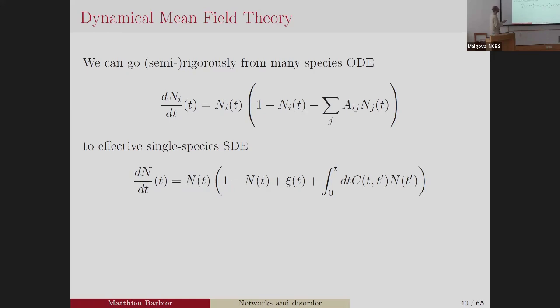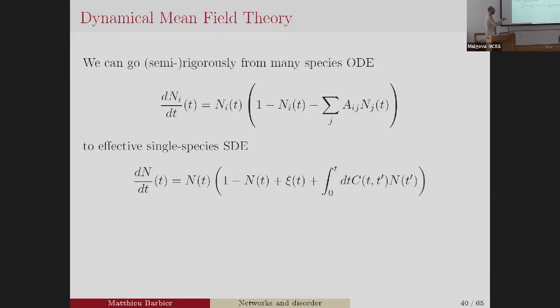It turns out that if the d_ij are random, you can go, as rigorously as a physicist ever is rigorous, from a system of S equations to a single equation, a single-species SDE: if I was picking one species at random in the system and tracking it, what would its time series look like? And it's a logistic equation with some noise.